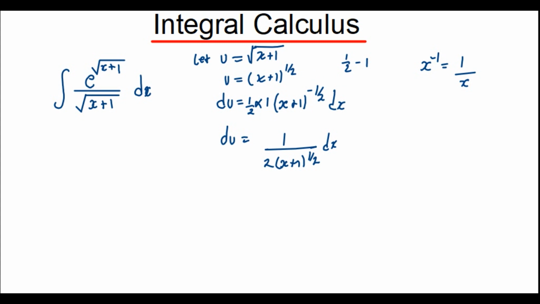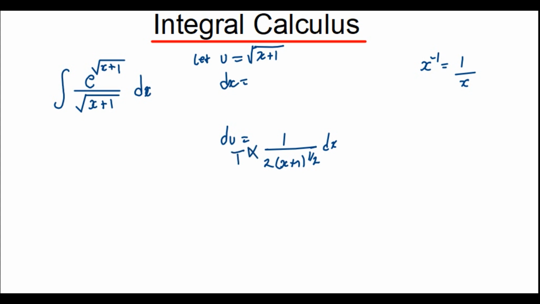Okay, so you can actually make your dx the subject of the formula. So you're going to say your dx will be equal to, here it's more like you are cross multiplying, so this is going to be 2 times the square root of x plus 1 du. Now it's just a matter of substituting.